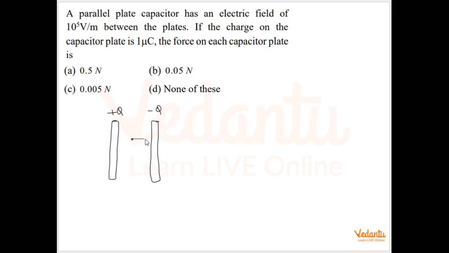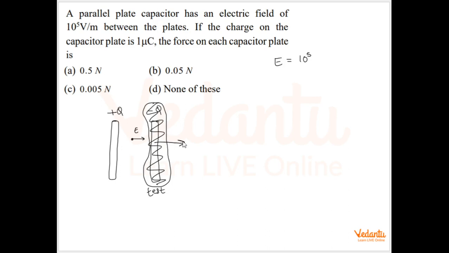So the net electric field in between is going to be 10 raised to the power 5. What you have to understand is that if we look at one plate and consider only that plate as a test charge, then on that plate the electric field will only be there due to the positive charge.